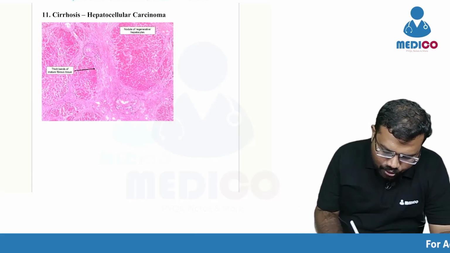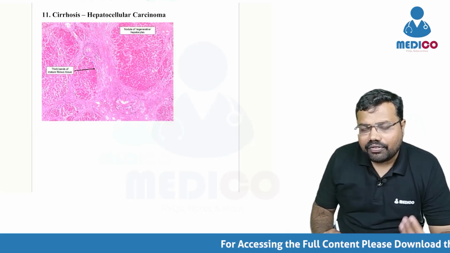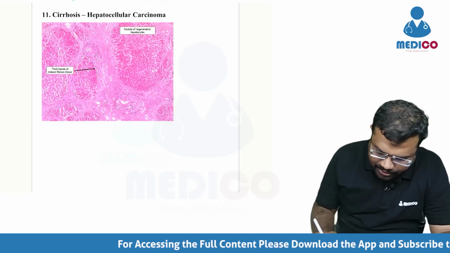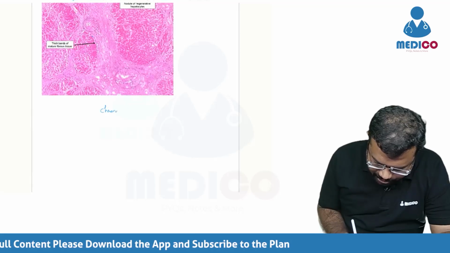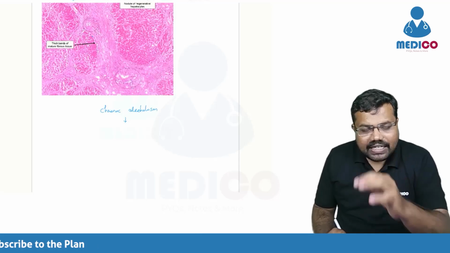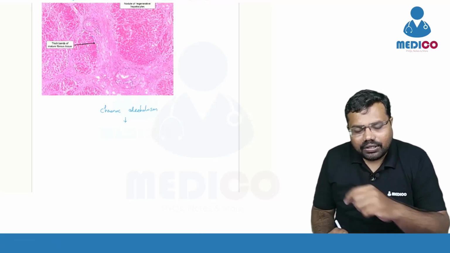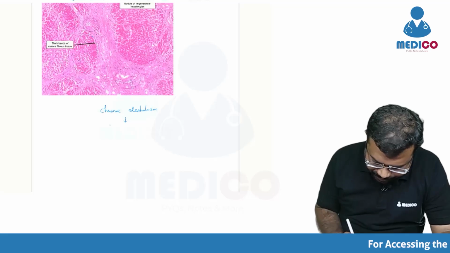Before going into this image, first we have to understand all the changes that occur in case of chronic alcoholism. First, if chronic alcoholism is present, vesicles will appear within the cells of the liver, called hepatocytes.